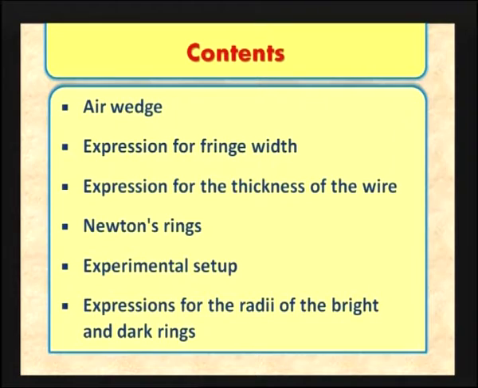The contents of this lecture will be air wedge, expression for the fringe width, expression for the thickness of the wire, Newton's rings, experimental setup, and the expressions for the radii of the bright and dark rings which you obtain in the Newton's rings.